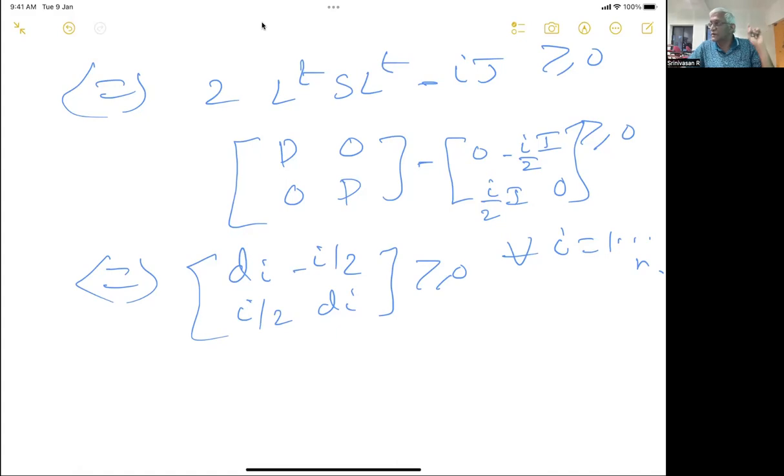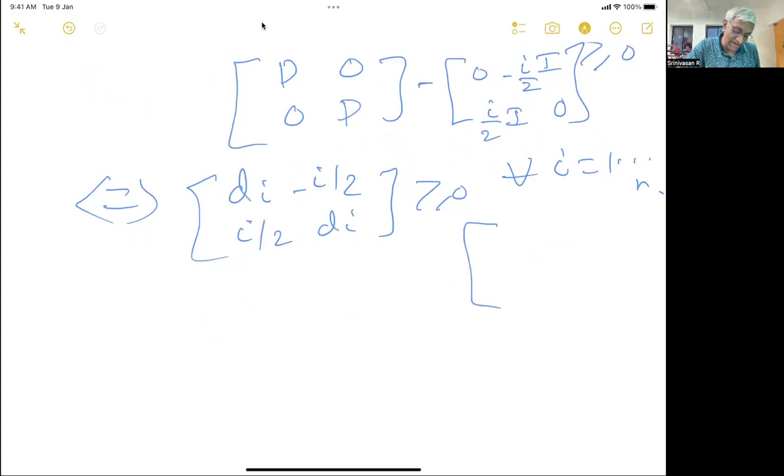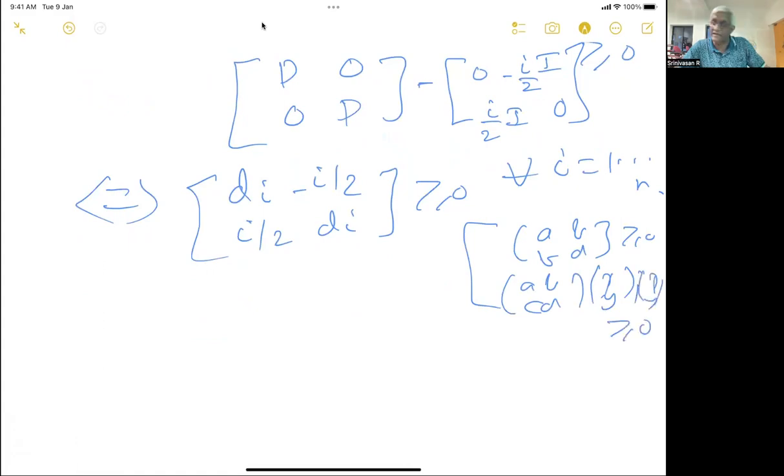Okay, now a 2 cross 2 matrix is positive if and only if the determinant is positive. For 2 cross 2, you just write it. If you have any matrix (A, B; C, D), maybe I can put B here because it's symmetric, it is positive. That is equivalent to saying that <(A, B; C, D)(x, y), (x, y)> is greater than or equal to 0 for all x, y.